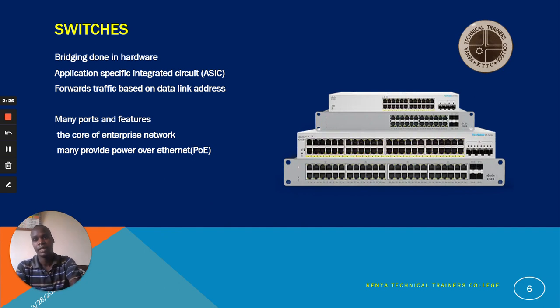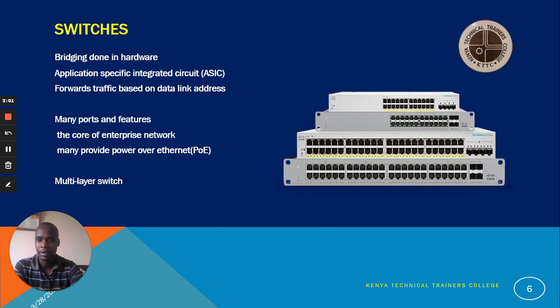Nowadays, many switches provide added functionalities, such as power over Ethernet, that's PoE, so that you don't need a separate power cable to power your device. You may find it at the back of many switches. It's written PoE to indicate that it is a power over Ethernet switch. Not all switches have power over Ethernet, but those that do indicate it at the back.